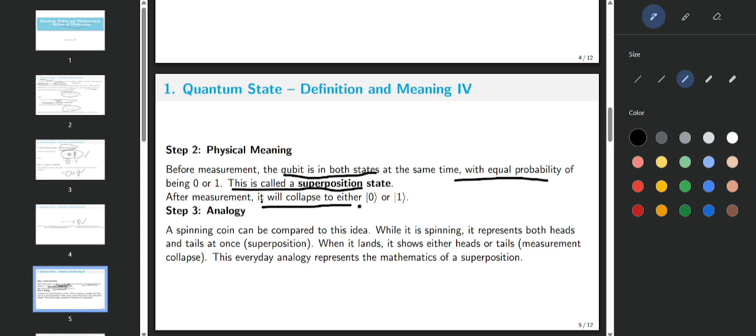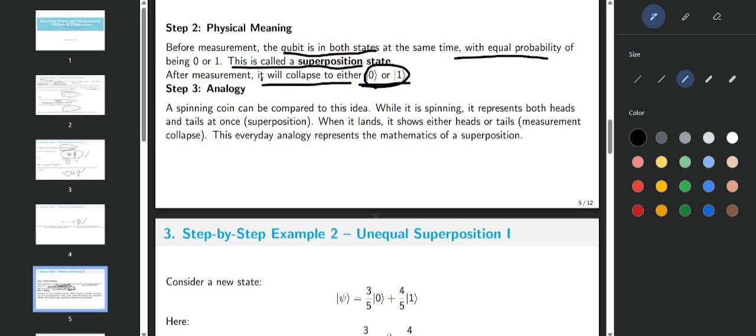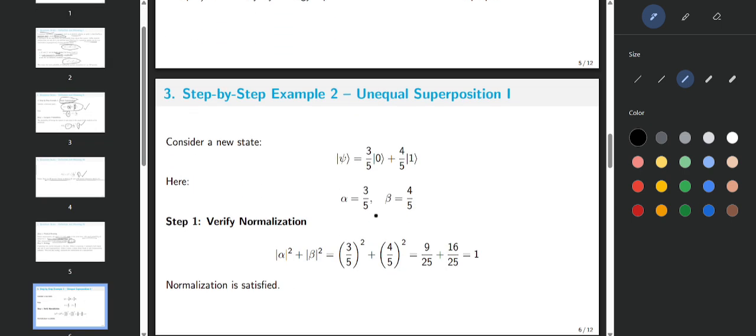One example I have taken, which you need to remember, is an unequal superposition. Here ket psi is equal to 3 by 5 ket 0 plus 4 by 5 ket 1.